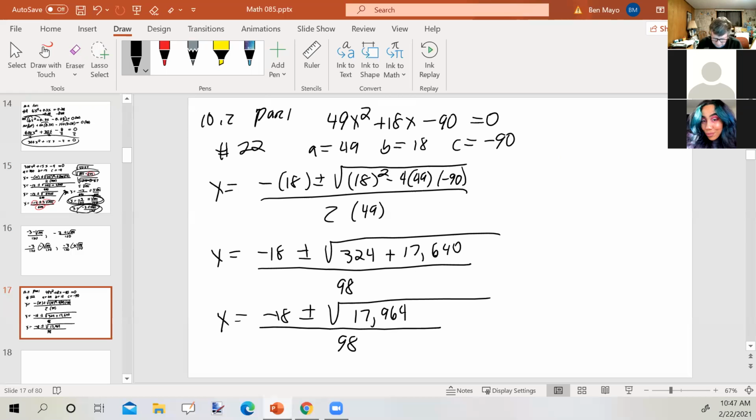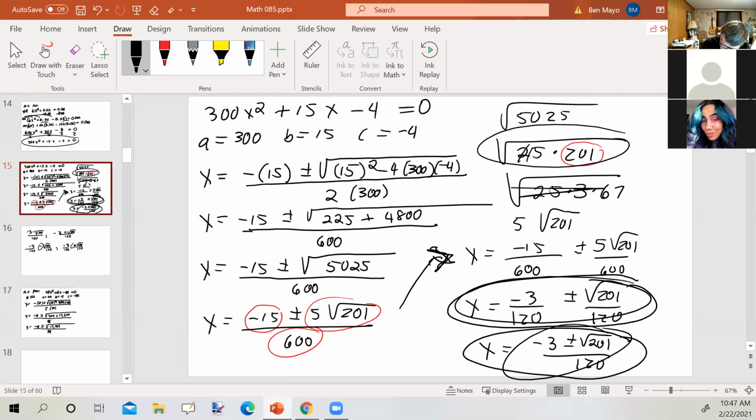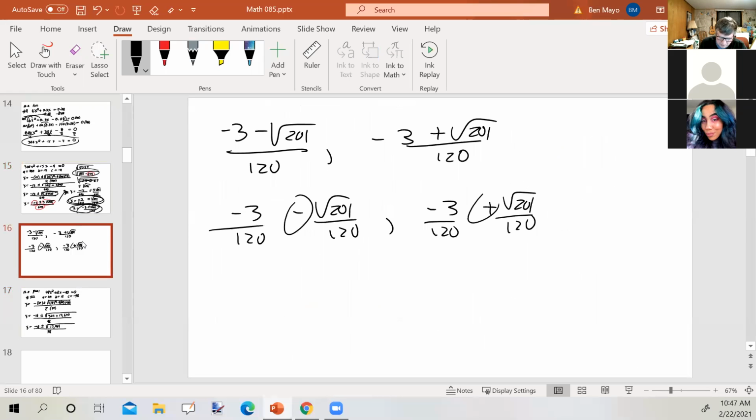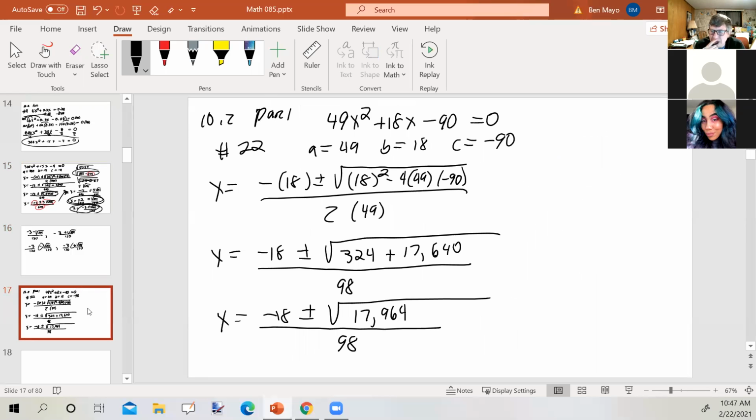Okay, now, on the last problem, I took the quantity that was inside of the radical and simplified it down to get an exact solution. In this problem, they're telling us that they just want the decimal answers. So there's really no need for me to take 17,964 and see if I can, for instance, take a 4 out of it and reduce it down.